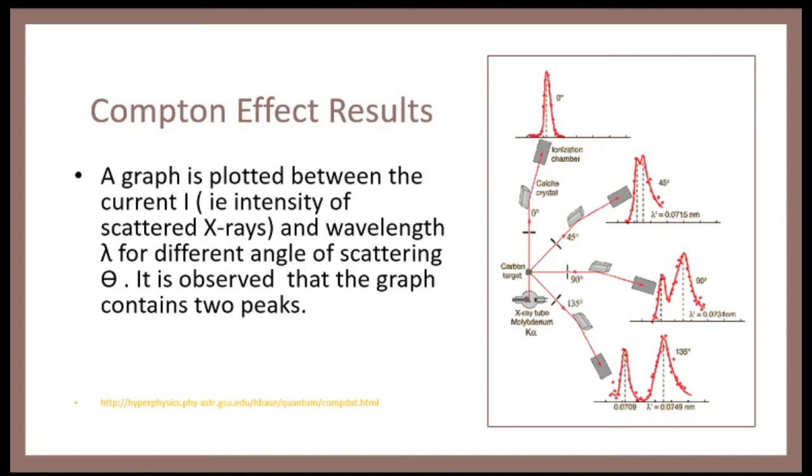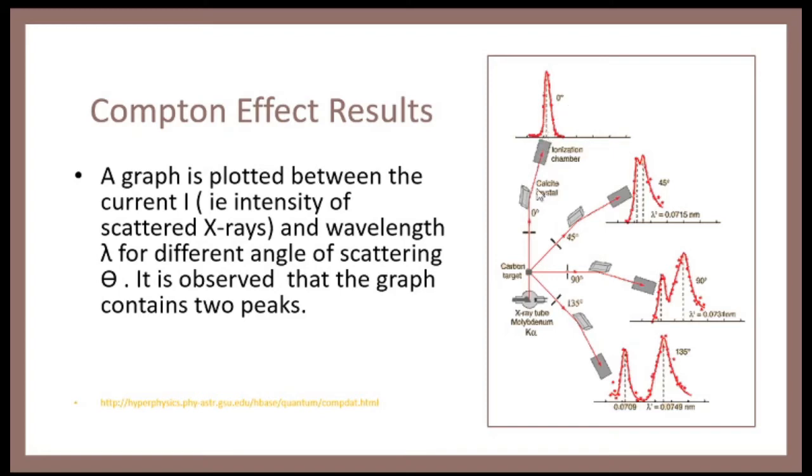So for the Compton effect, see here, this is the X-ray, then the target material. Now the ionization chamber is kept at different angles. If this is the direction in which X-rays are emitted, then the ionization chamber in the same direction collects the scattered X-rays at the angle theta equal to 0.